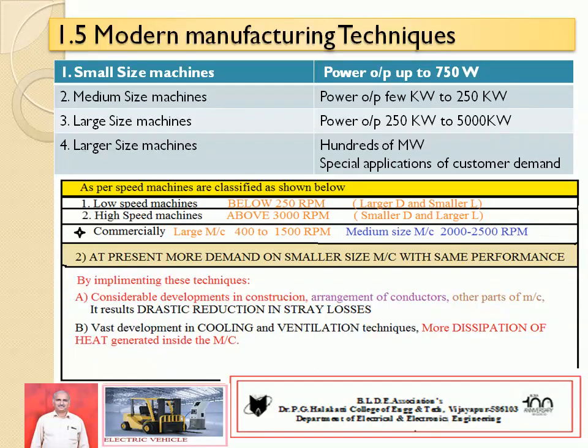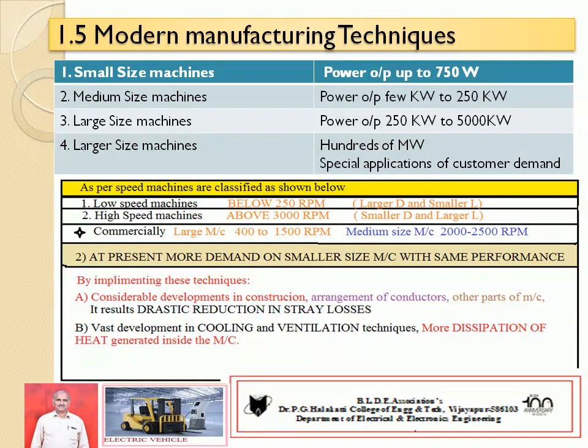As per the output of the machine, the machines have been classified as shown in the table. Number one, smaller size machines have output power up to 750 watts. Medium size machines range in power from a few kilowatts to 250 kilowatts.